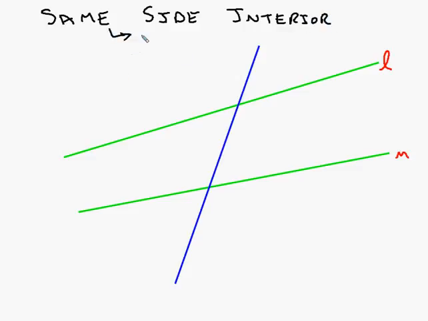Okay, as the name implies, these are on the inside of the lines and on the same side of the transversal.